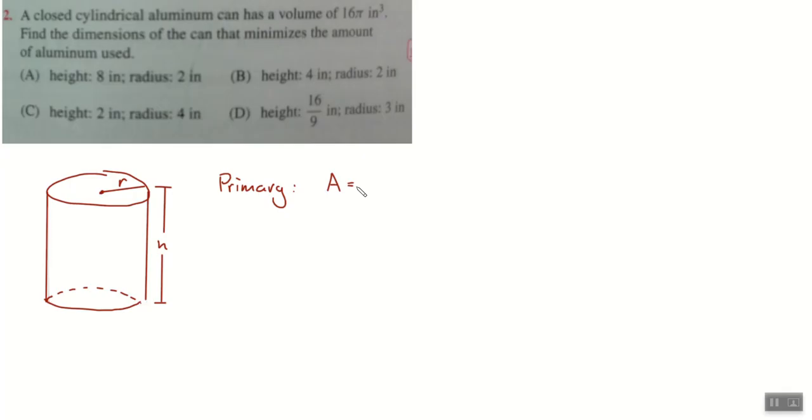Louder, because I hear you saying, love it. 2 pi r squared from what? The top and bottom. There's 2 circles there. Okay, so 2 pi r squared. Love it. Plus, when I unfold or unroll this, this is a rectangle, and its width is what?